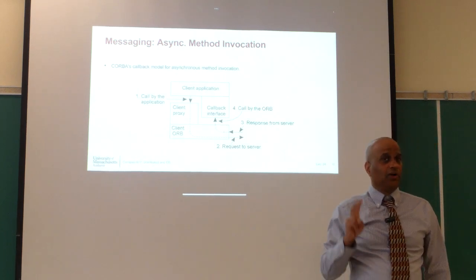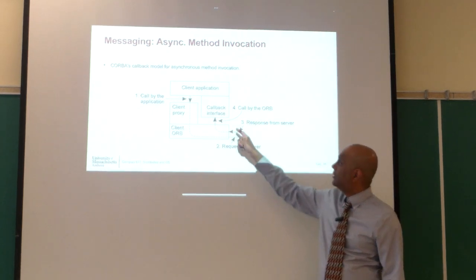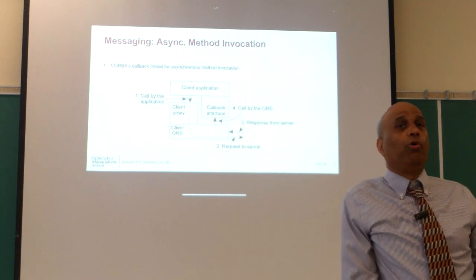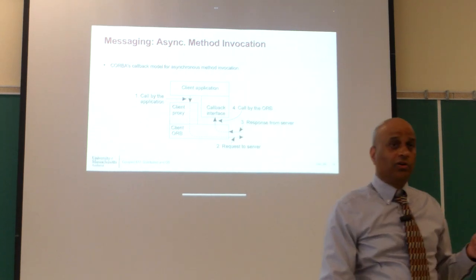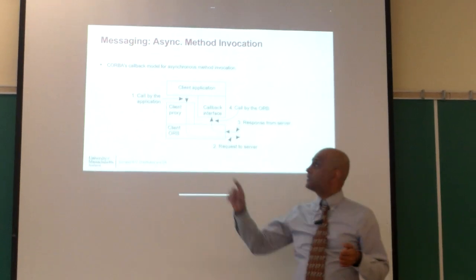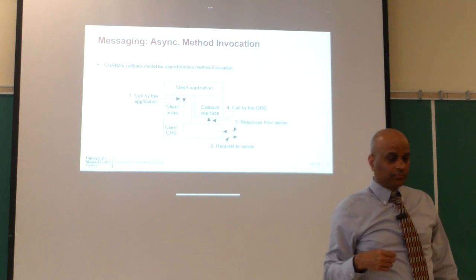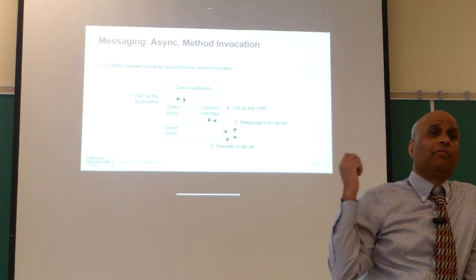Here are two ways you can implement the pull-based model. You can use an asynchronous callback, or you can use a polling-based method. In an asynchronous callback, the consumer, or the client application, registers itself with the event channel and says, if there is data, make a callback.